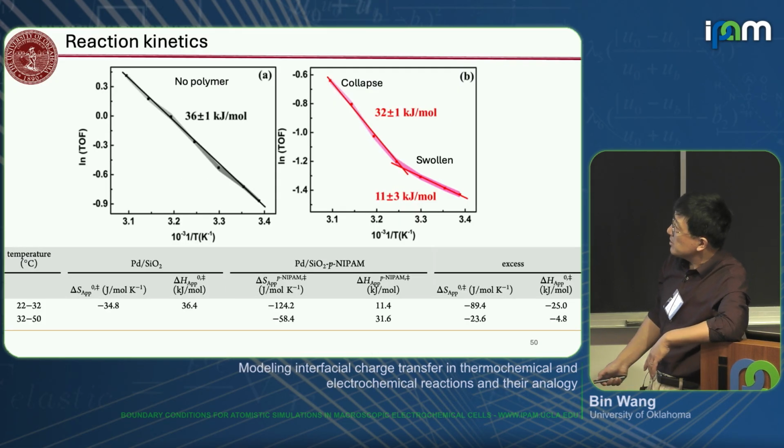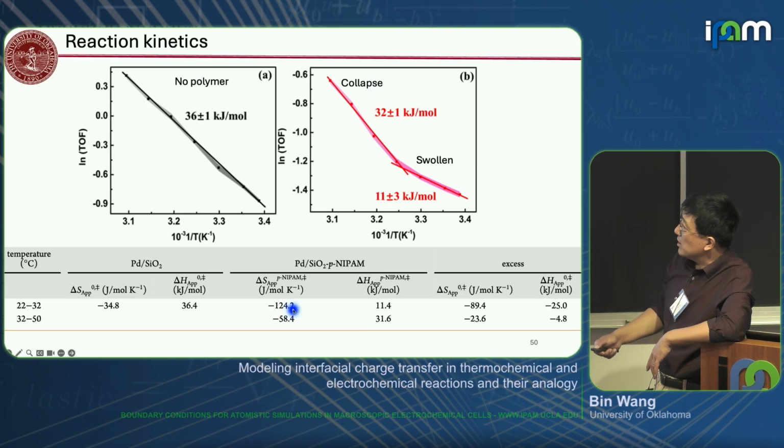And here are the experimental results. On the left side, it's no polymer. You get an apparent barrier of about 36 kilojoules per mole from experiments. When the polymer collapses, the barrier is very much the same as when there's no polymer. While when the polymer swells in water, the barrier is much reduced to a level of about 11 kilojoules per mole.